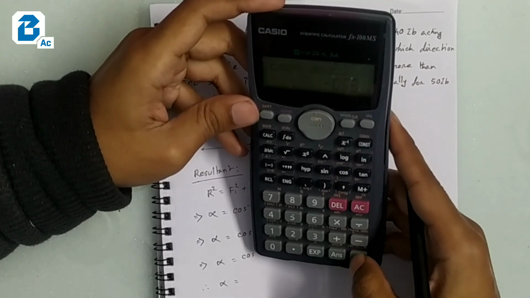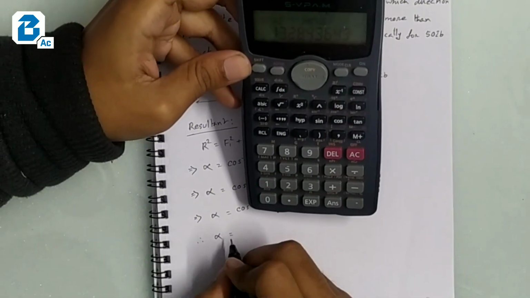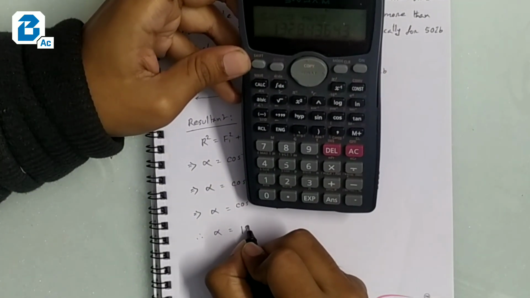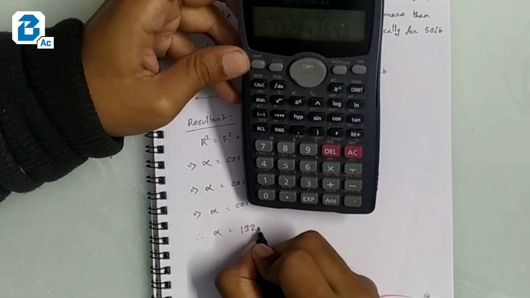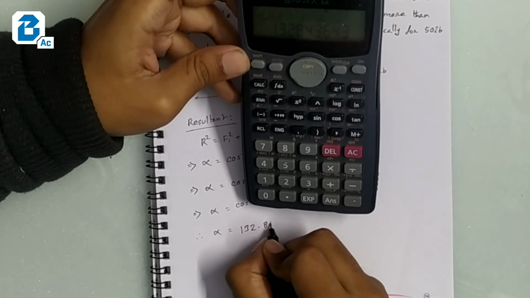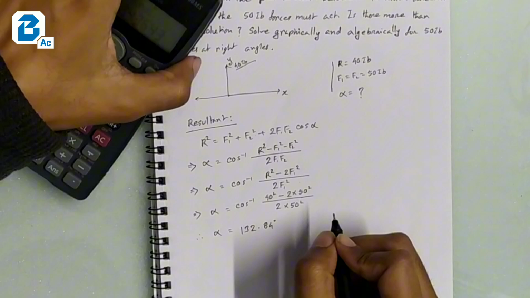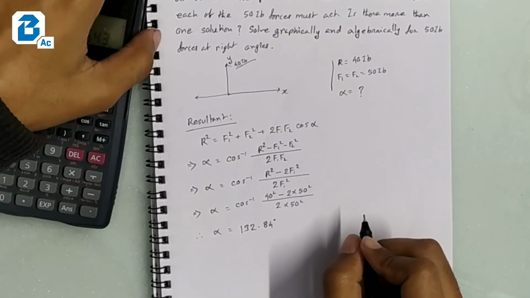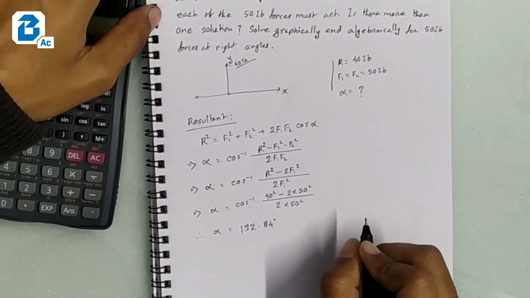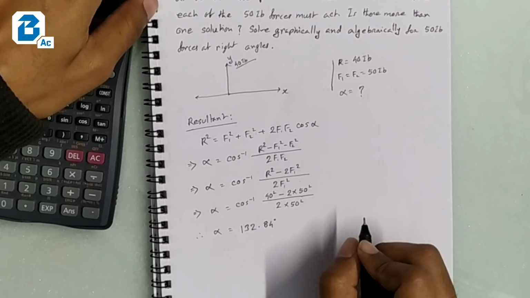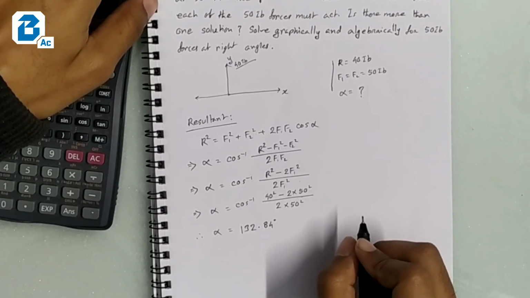Cos inverse answer is equal to 132.84 degree, which is the angle between two forces.